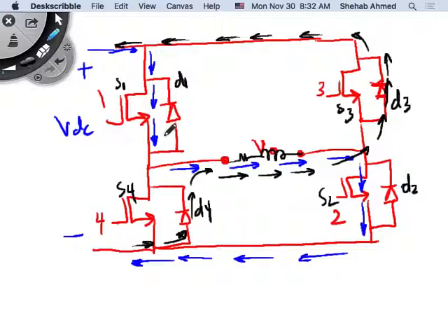Current was flowing in S1 and S2 initially. Then it started flowing through D4 and D3. And then I will turn on S3 and S4, right? So if I turn on S3 and S4, what happens?